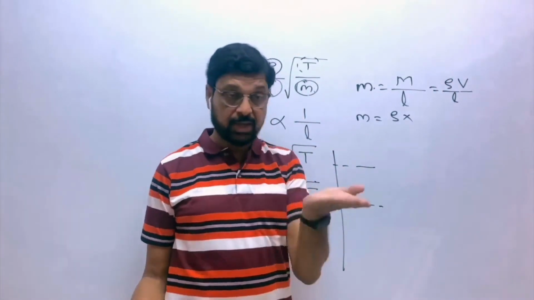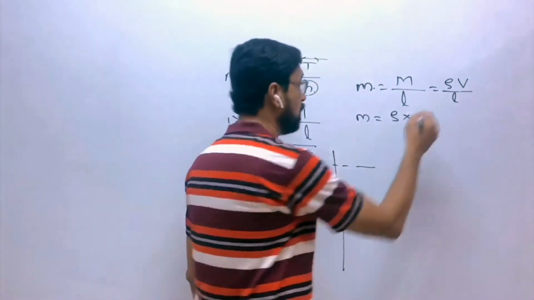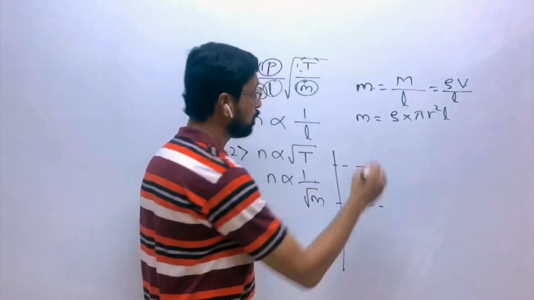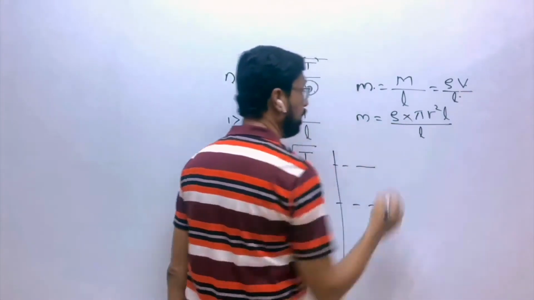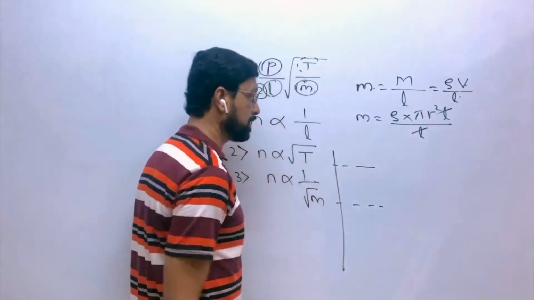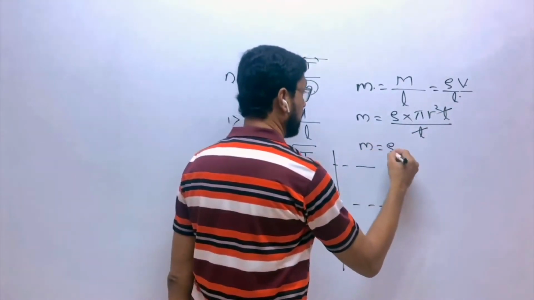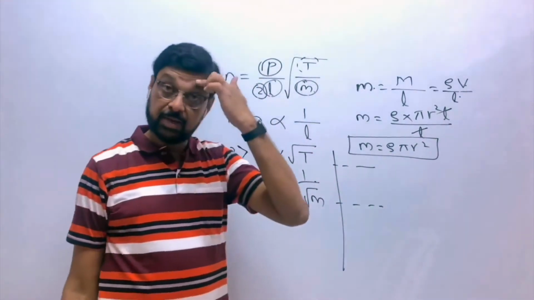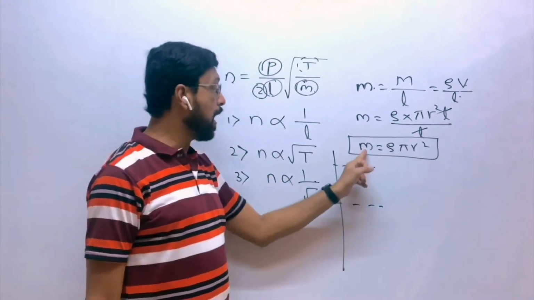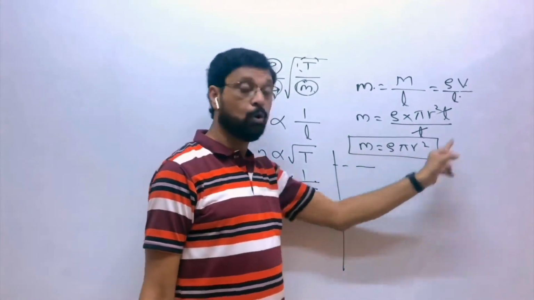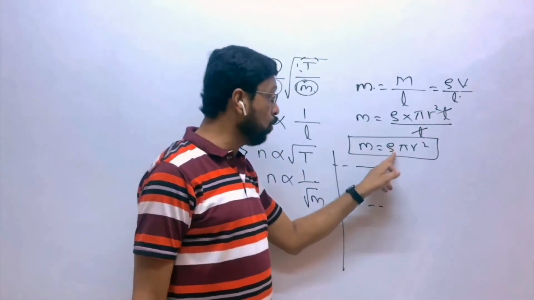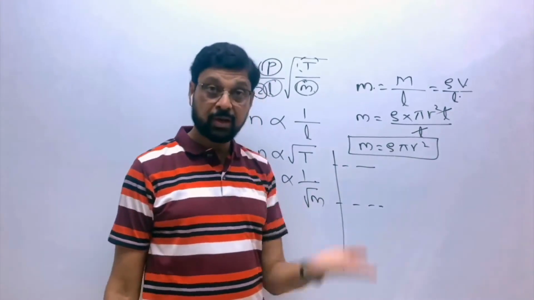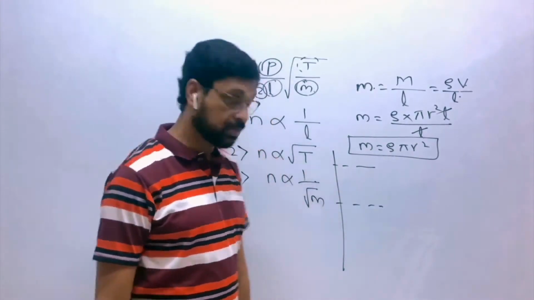A string is a cylinder, so volume is area of the base into length, which is pi r square into l, upon l. This l and l get cancelled, so small m can be written as rho pi r square. The linear density of the string, mass per unit length of the string, is equal to rho pi r square, where rho is density of material of the string and r is radius of cross section of the string.